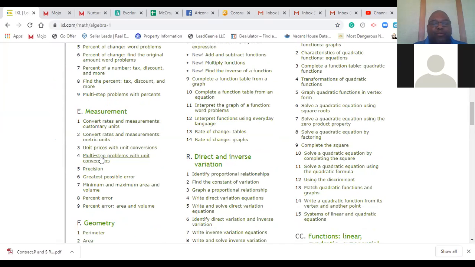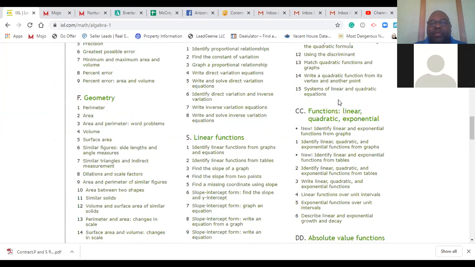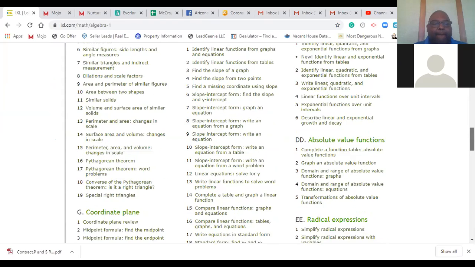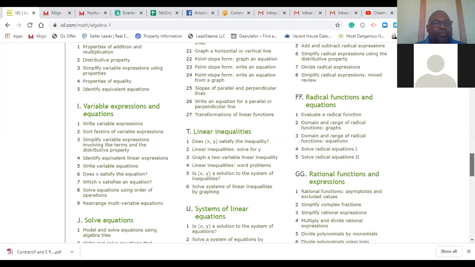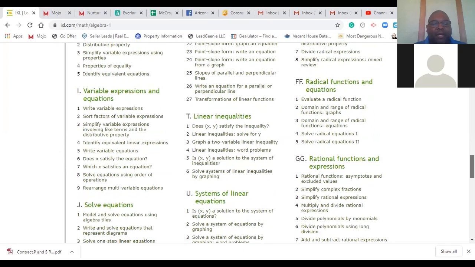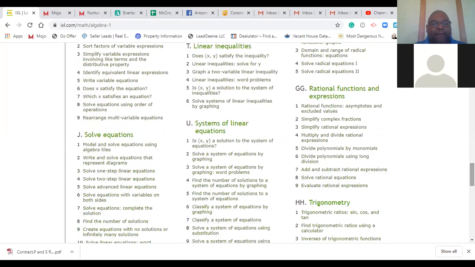Measurements, okay. Functions, specifically linear functions. And solving equations.